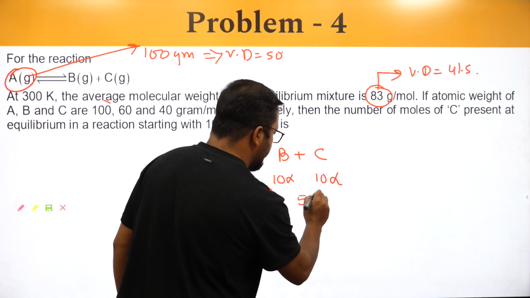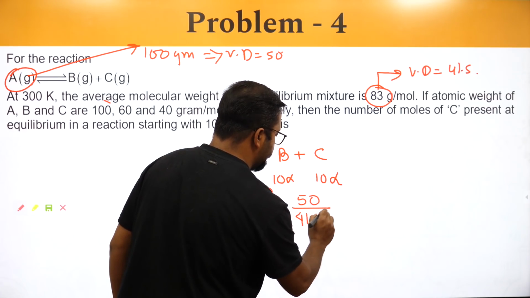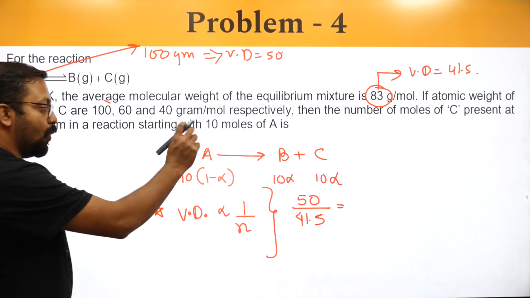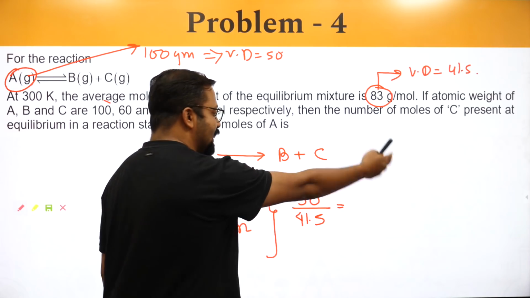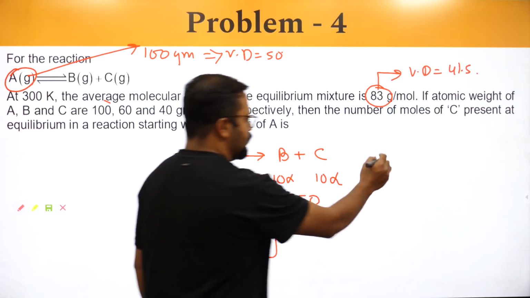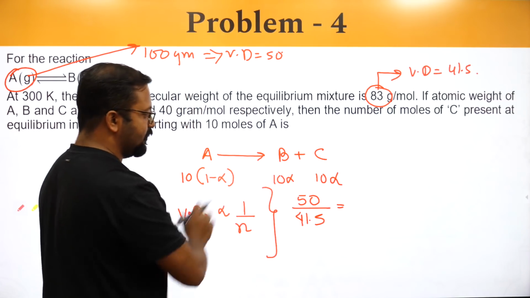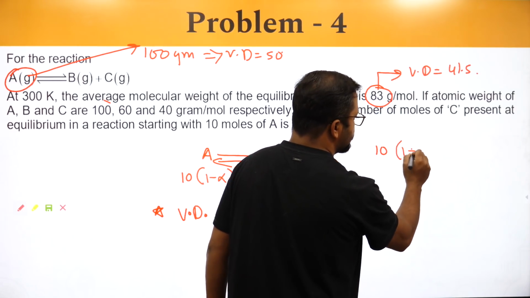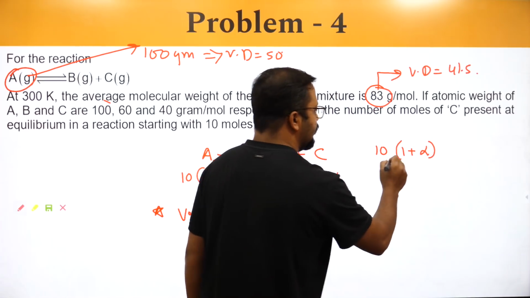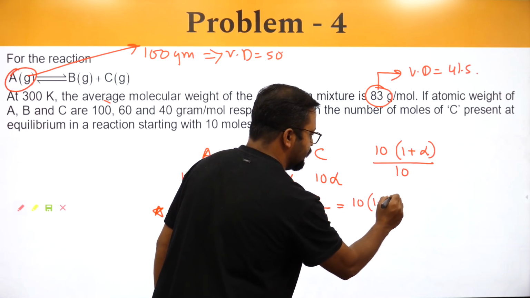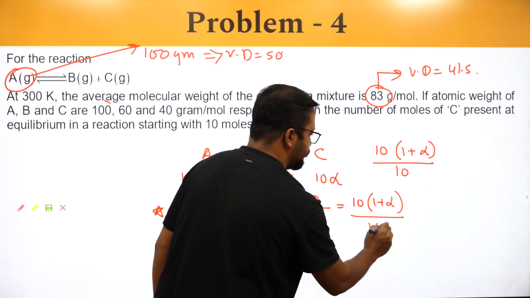So if I utilize this relation, then 50 by 41.5 should be equal to whatever amount of substance is present at the end. This should be inversely proportional. So initial total amount कितना present है at equilibrium, 10 times 1 plus alpha, और आपने initially कितना लिया था 10, so 10 times 1 plus alpha by 10.